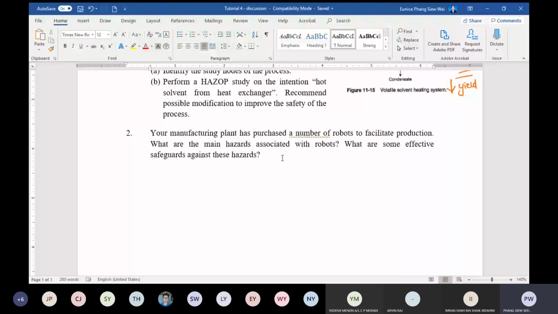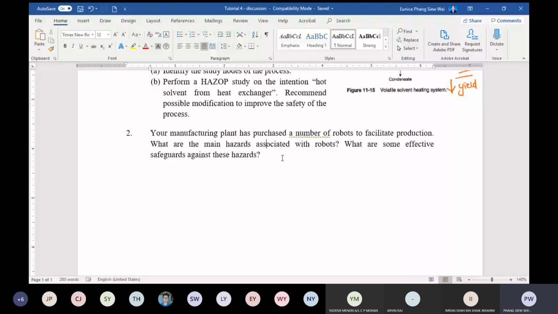I believe some of you are working on drones and some on robots for your FYP projects. So if you are now instead leading a team of operators, but leading a team of robots, what could be the worst case scenario?